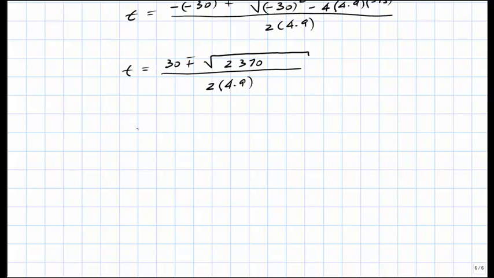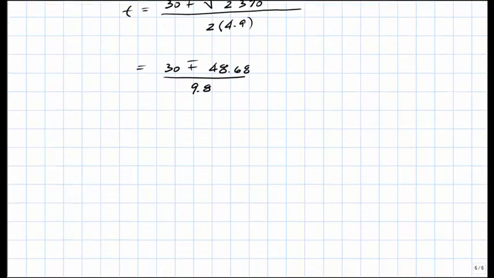And that results in 30 plus or minus the square root of 2370, which equals 48.68. 2 times the 4.9 is just 9.8 in the denominator.